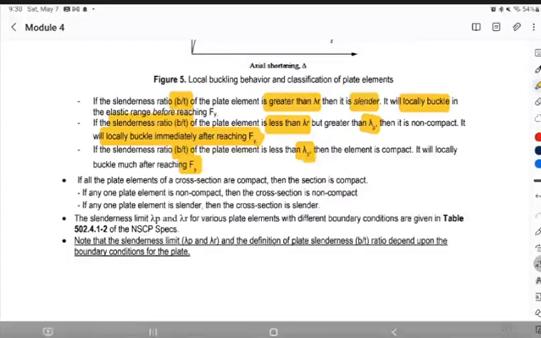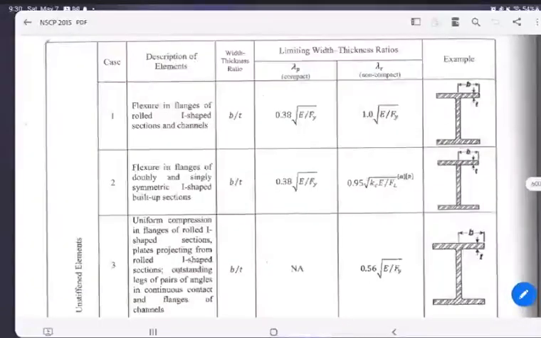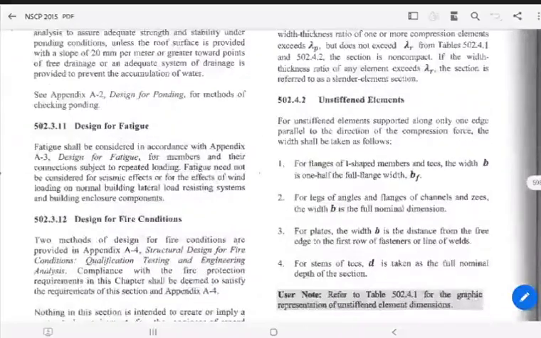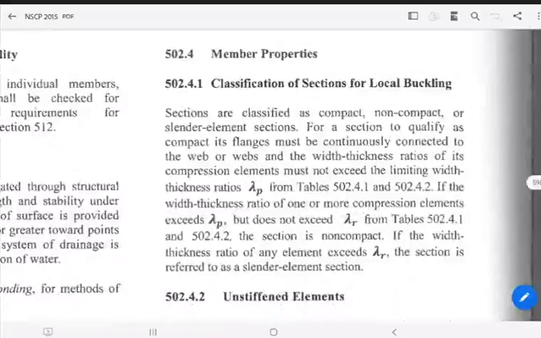But if we lambda is AISC, pero sabi ng NSCP, okay lang pala. If the width to thickness ratio of one or more compression elements exceeds lambda p but does not exceed lambda r, the section is non-compact. Now, if the width to thickness ratio of the element exceeds lambda r, the section is referred to as slender elements.